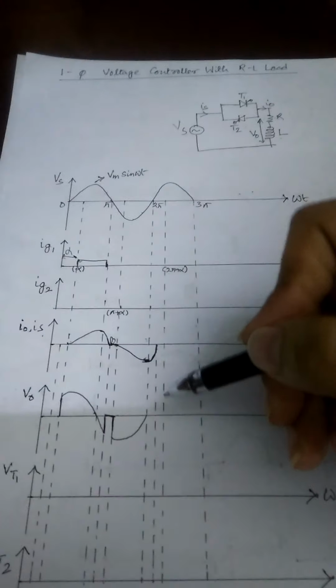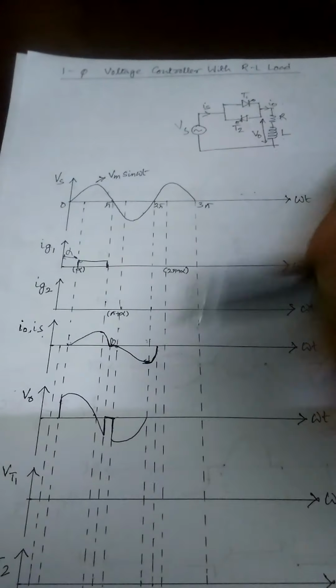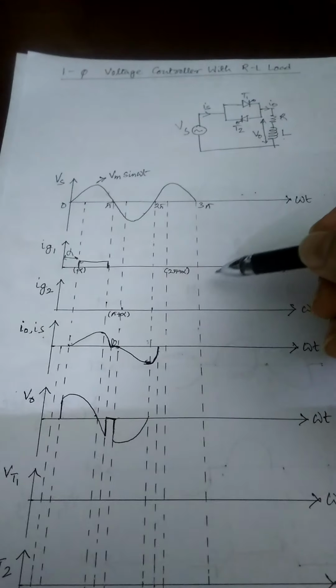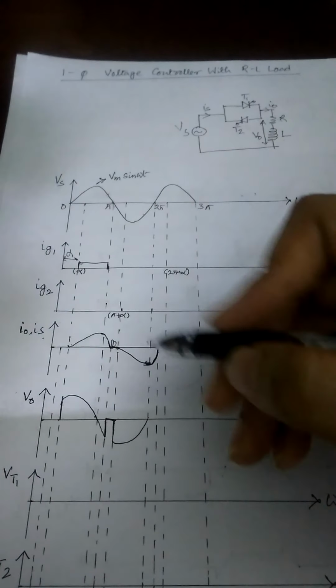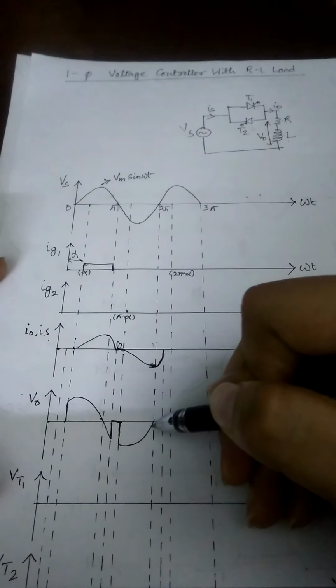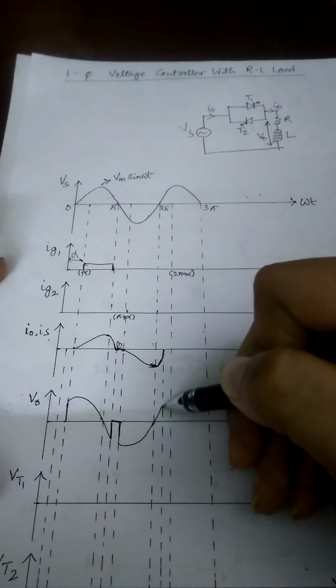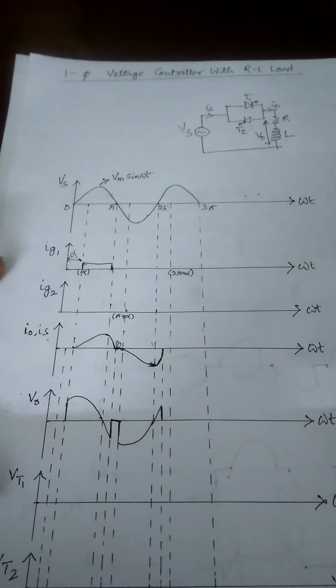Obviously this thyristor T2 is going to be reverse biased at the 2 pi point, but as the load current continues, the voltage also continues in the opposite direction. At the current 0 point, the voltage also goes to 0.